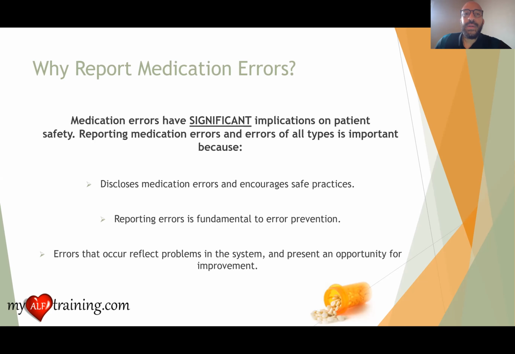It's great when a near miss happens. One, because no patient was harmed, but two, because that's an opportunity for us to fix this problem before a patient is harmed.